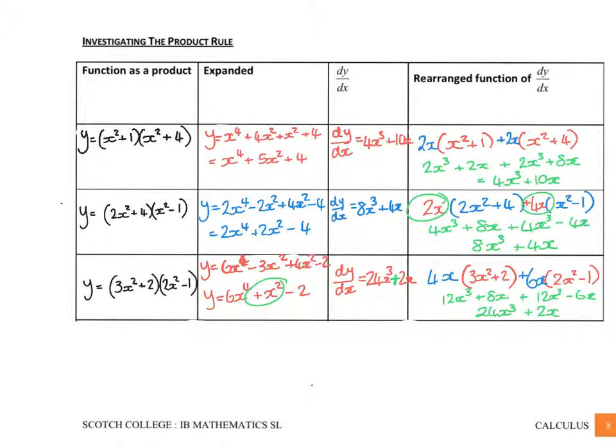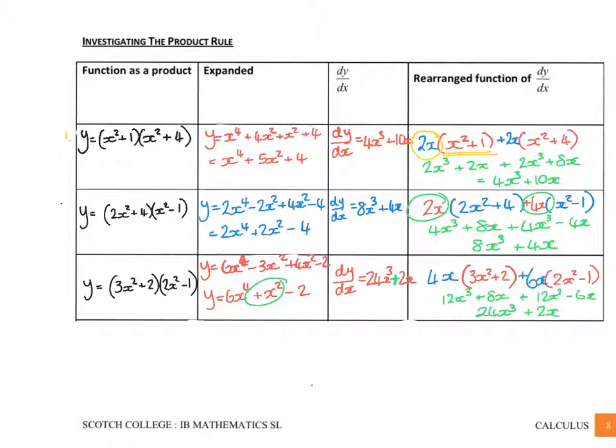Okay, so hopefully you've had a go and had some success with filling in all of those ones in the book. And now we're just going to have a quick look at where these came from. So if we look at this first question here, we'll call it question 1 at the top. What we did was we wrote the first bracket, x squared plus 1, and we multiplied that by 2x.